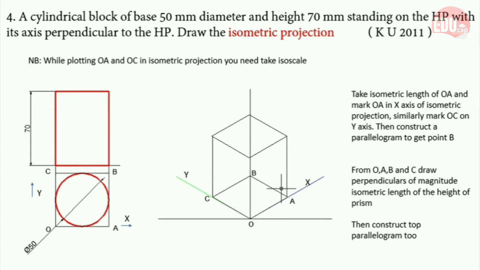And for drawing cylinders, a cylinder has two circular faces. A circle can be visualized as an ellipse in any other view. So you need to draw two ellipses here. To draw the ellipse, you can use the four-center method.